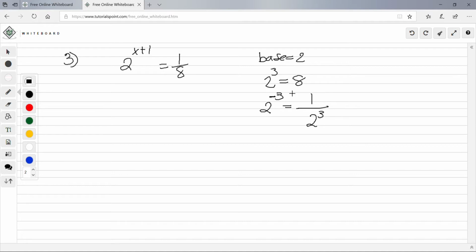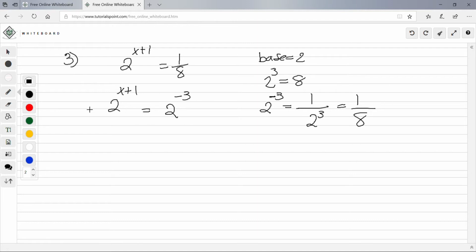That's how you do negatives, right? So 1 over 2 to the 3 is the same thing as 1/8, because 2 to the 3 is 8. So the left is 2 to the x plus 1, it doesn't change, and the right is 2 to the negative 3, because 2 to the negative 3 equals 1/8.